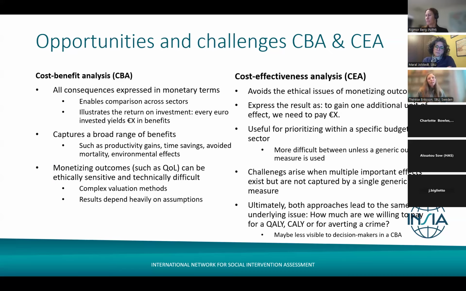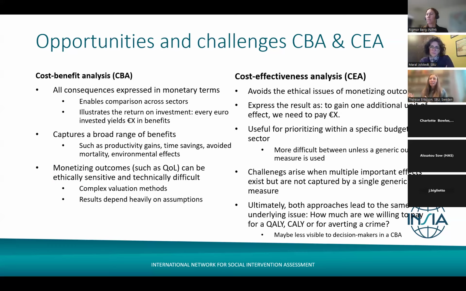But it can be difficult to monetize outcomes such as quality of life, both ethically sensitive and technically difficult. And the results depend heavily on these assumptions, which might sometimes be too embedded in the analysis to understand which assumptions have been made.